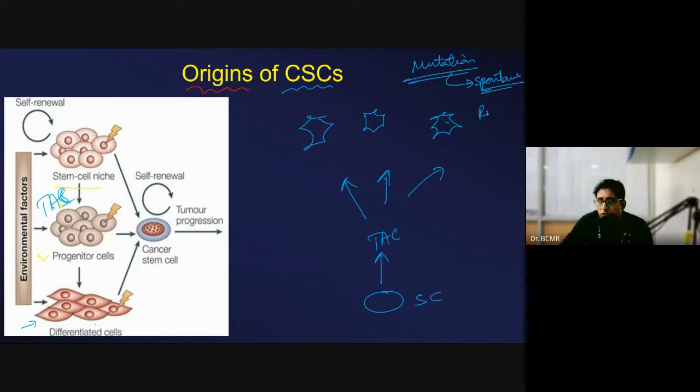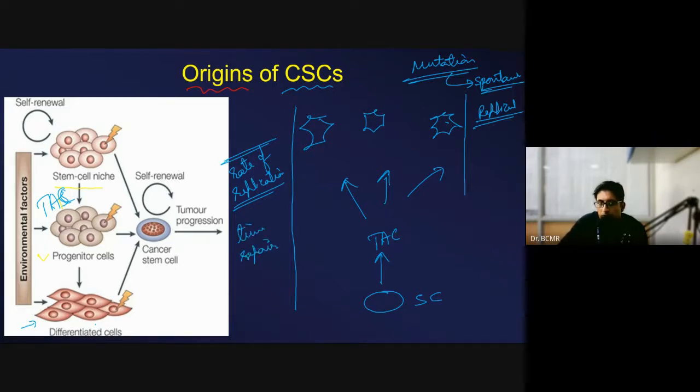If there is replication, there is a good probability of a mutation, right? So we would want to count on the rate of replication, not just replication. Why rate? If there is enough time, then repair can occur. If there is no time between replications, then the repair mechanisms may not have enough time to repair the DNA. So the mutations get established very easily.